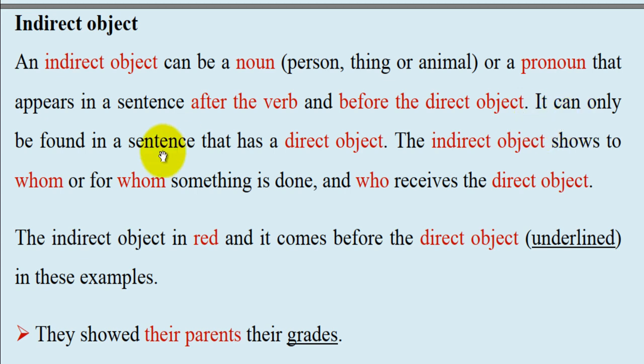It can only be found in a sentence that has a direct object. So a sentence that has a direct object can also have an indirect object. The indirect object shows to whom or for whom something is done and who receives the direct object.